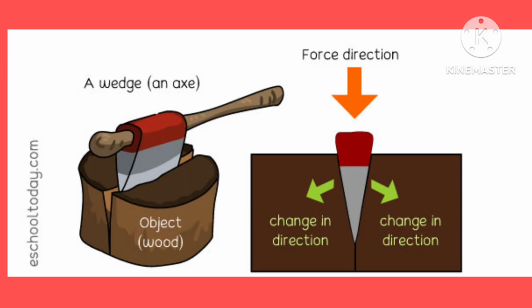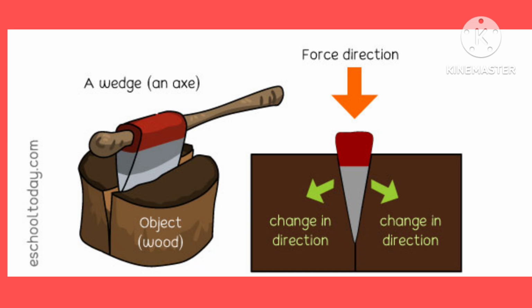The next kind of simple machine is the wedge. A wedge is a very simple machine which has two inclined planes and two edges, one sharp edge and one blunt edge. The sharp edge is used for cutting or splitting objects.